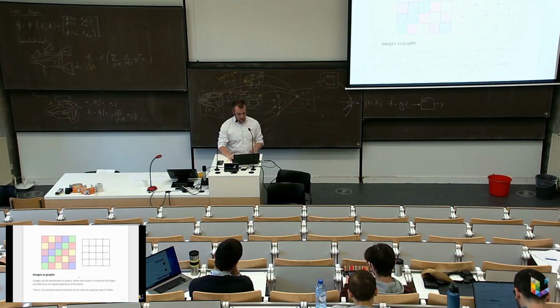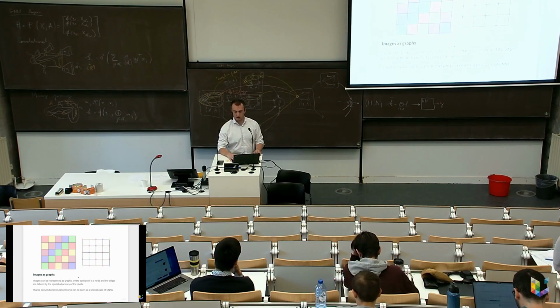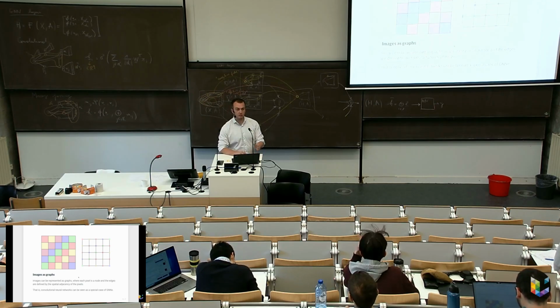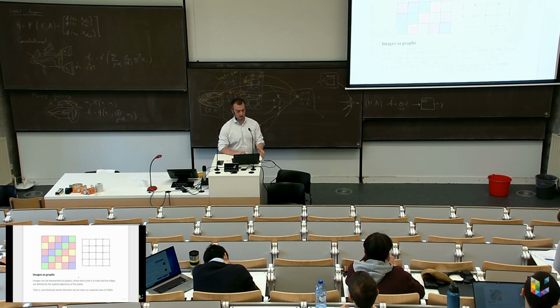And finally, the last special case is when you say that an image is a graph. If you consider pixels as nodes, and you say two nodes, meaning two pixels, are connected if in the actual image they are next to each other, then you obtain some adjacency matrix.